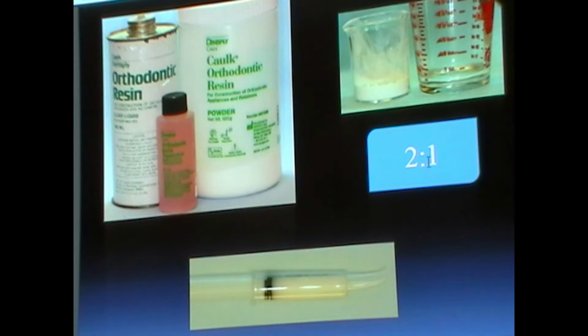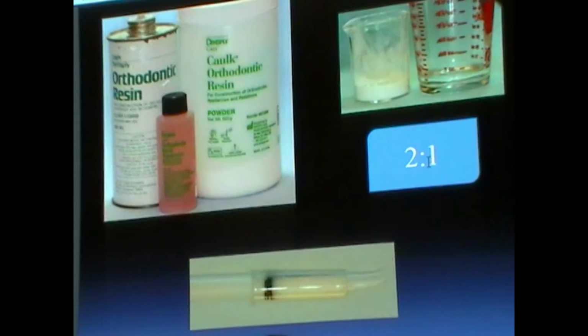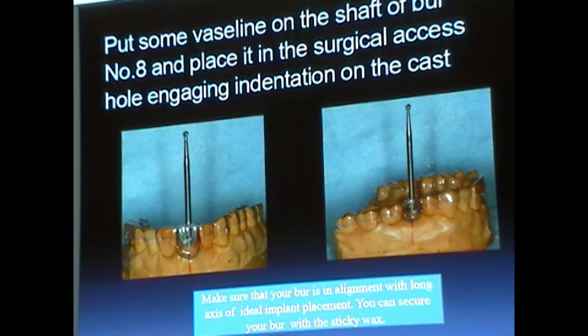I will provide you with a plastic syringe so that you can syringe the material in, and ultimately, this is what you're going to do. It is important that you not only check this alignment, but you're going to also make sure that you have either a straw, and I can provide straws because that seems to work a little bit easier, or if you're going to use your surgical round burr, you're going to Vaseline the shank of that burr so that it slides right out.